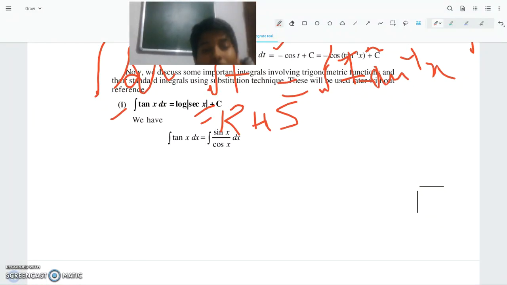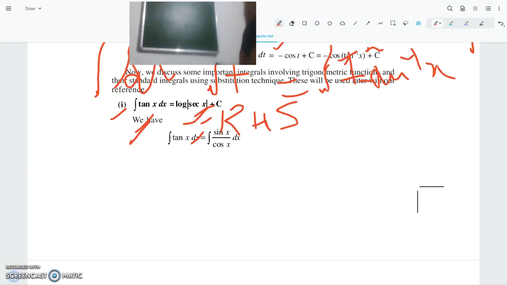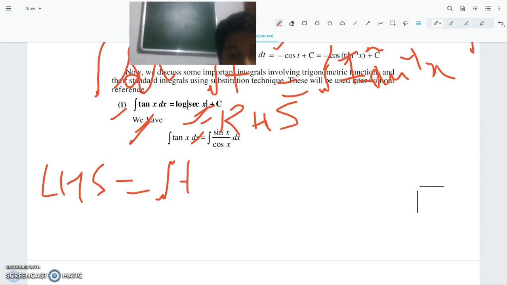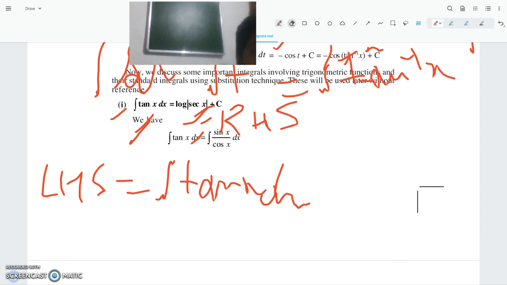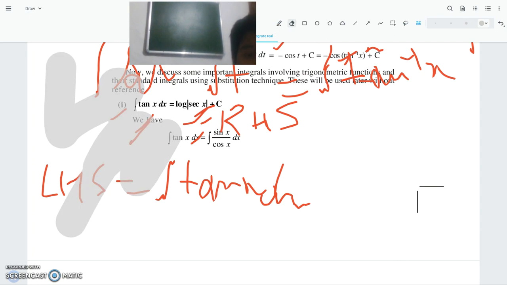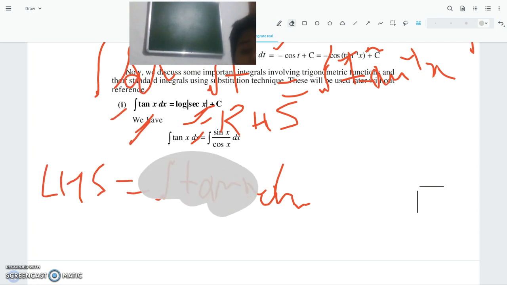We have to go from the LHS to prove that LHS equals RHS. So we write LHS equals integration of tan x dx.